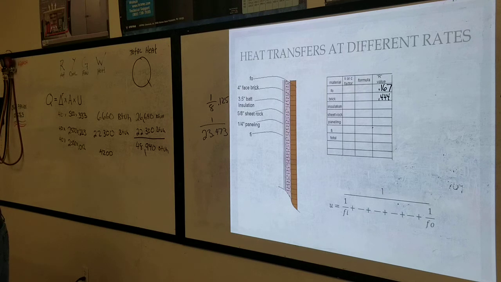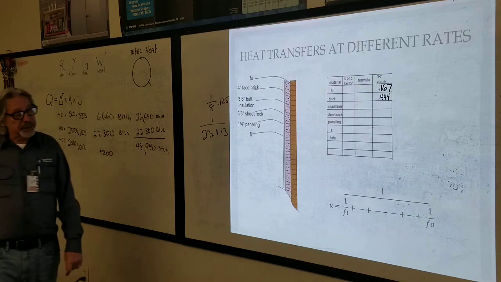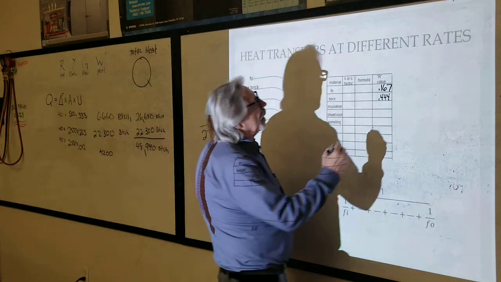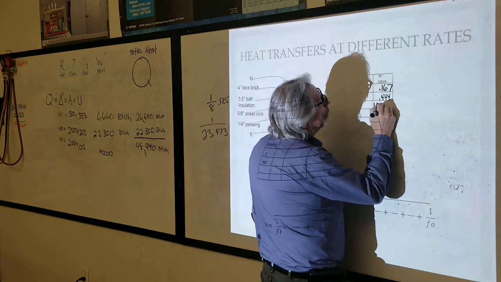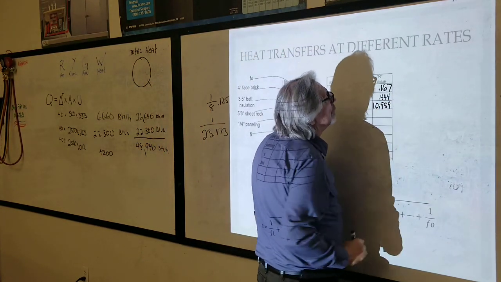Loose fill. 3.5 inches is 0.091, and we reciprocate that and come up with 10.989.